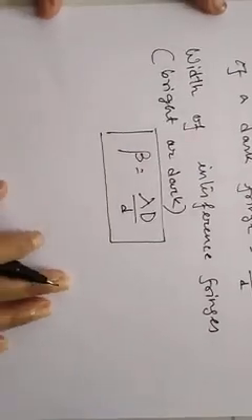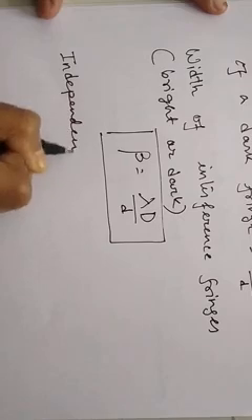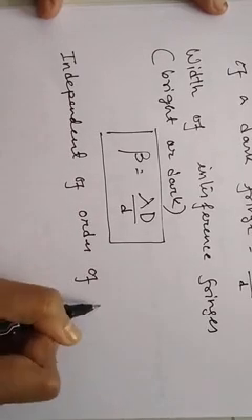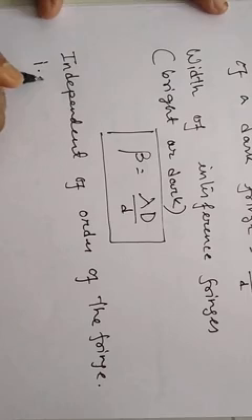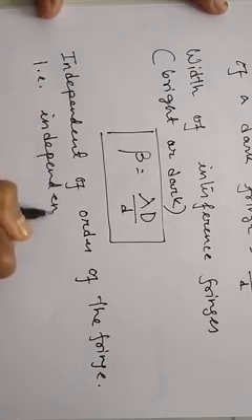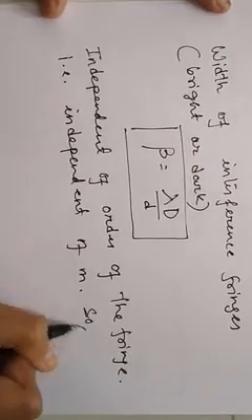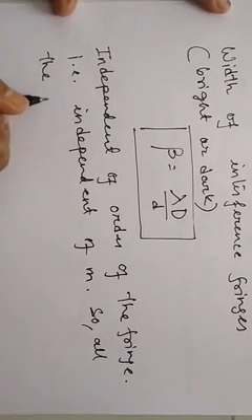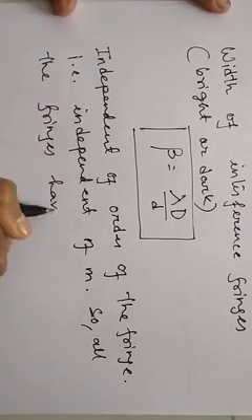You see it is independent of the order of the fringe, that is m, independent of m. So all the fringes, irrespective of their order, have equal width.